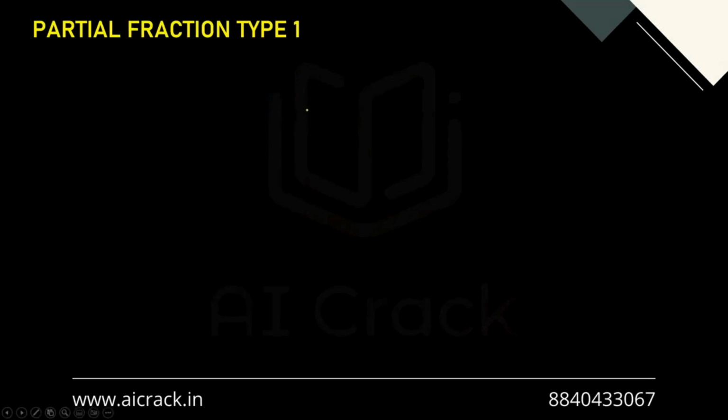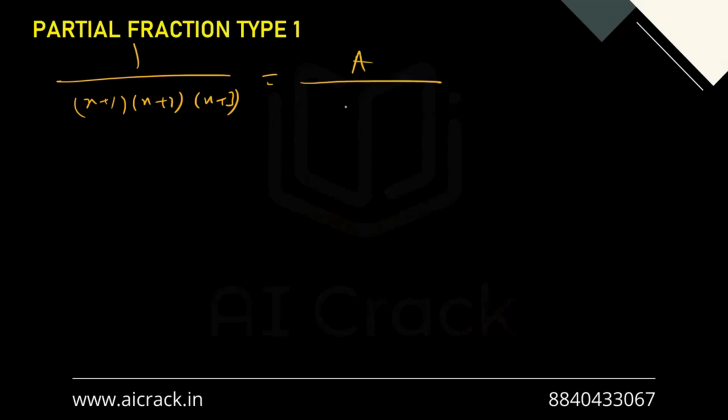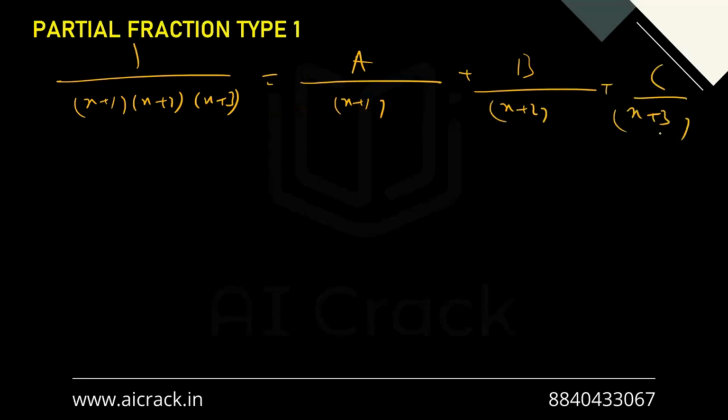So let's take the same example once again. Let's say we have 1 upon x plus 1, x plus 2, and x plus 3. Now, according to partial fraction rule type 1, we can write this as a upon x plus 1, plus b upon x plus 2, plus c upon x plus 3. We can write it in terms of this.